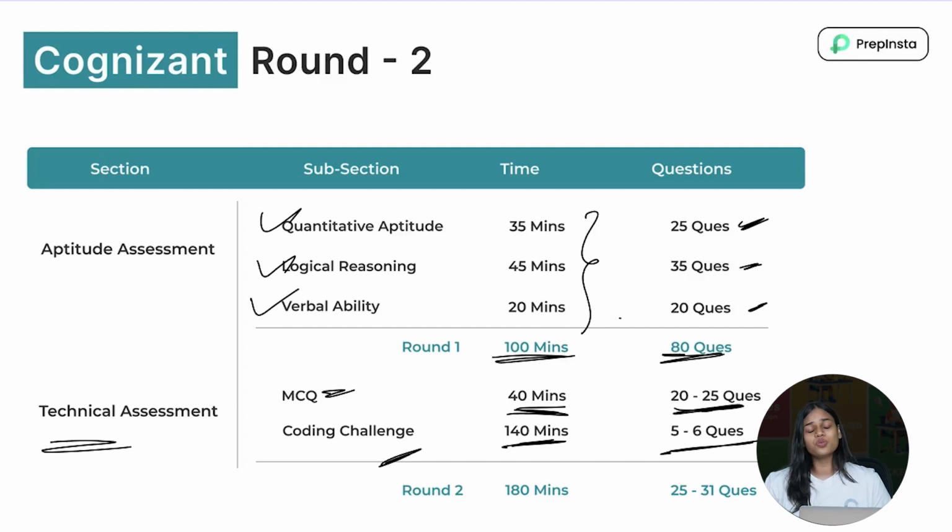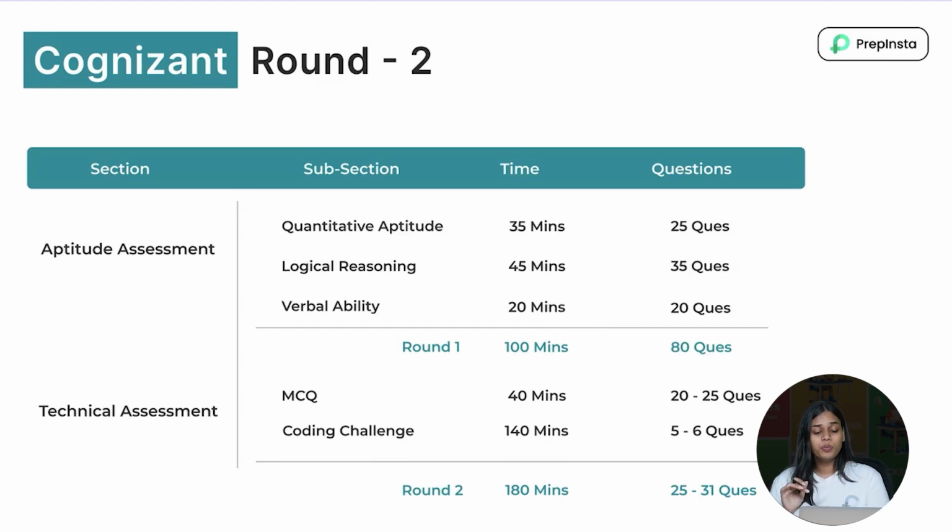So that is what happens over here. Understand, your performance is going to decide your destiny in Cognizant. All right. So make sure that your performance is up to the mark, up to your best, even more than that if you want to get placed in the 6.75 LPA role. All right. That was the summary of round two.